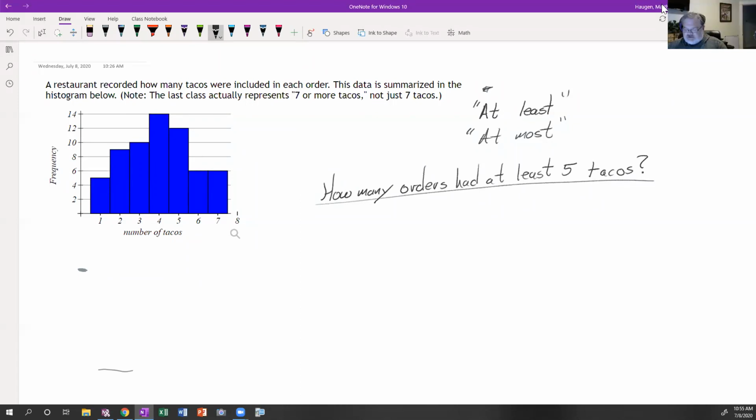So take a moment and decide how you would want to answer or approach that question of how many orders had at least 5 tacos, given that histogram.